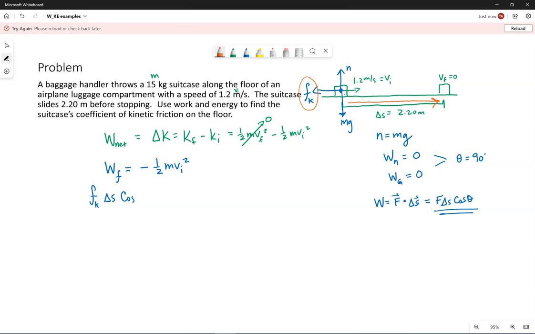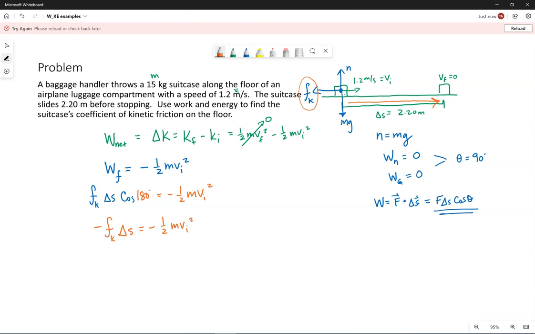So the angle between these two is 180 degrees. Cosine of 180 is -1. So we find that the work done by the force of friction is negative, which should make sense. Negative work means energy is being removed from the system, which is why the baggage is slowing down.